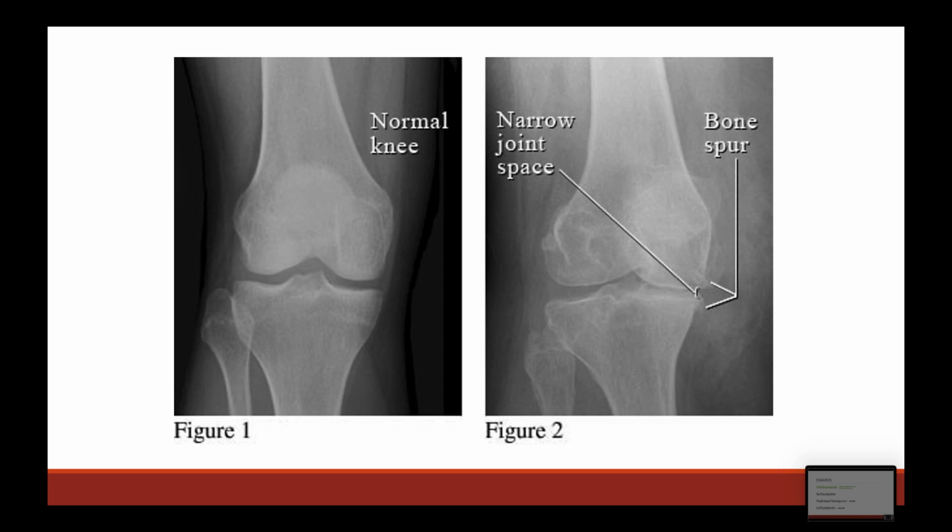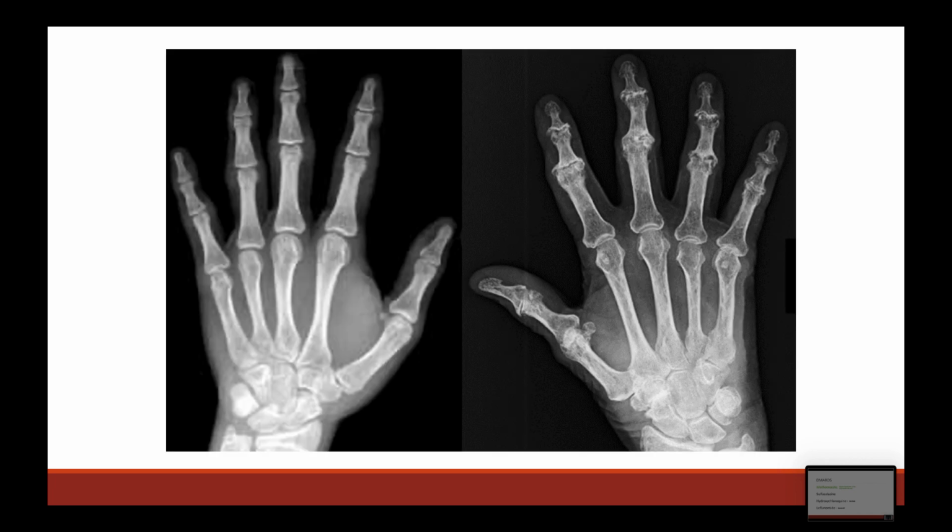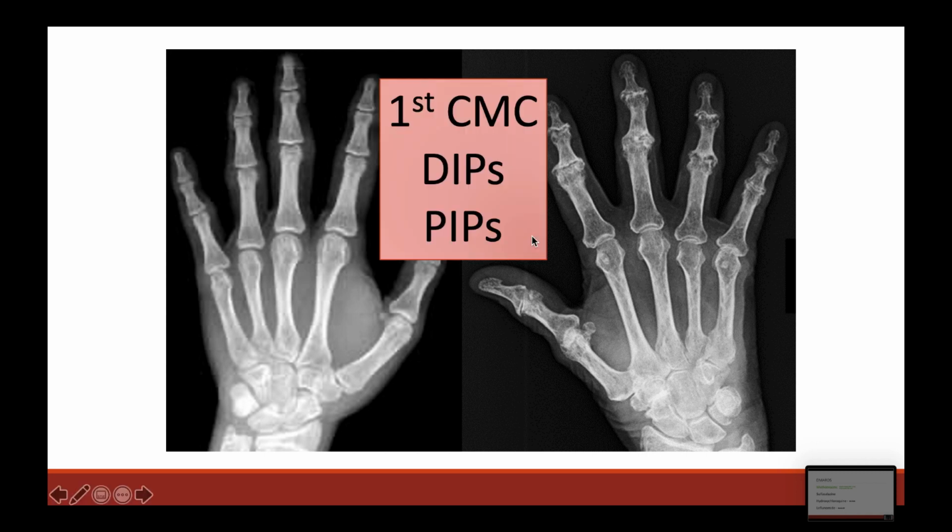As well as that, here's another X-ray image. Again, you can see bony spurs and narrowed joint space. And this is what it would look like on the hand X-ray in terms of Bouchard's and Heberden's nodes. Obviously, left is normal, right is osteoarthritis.